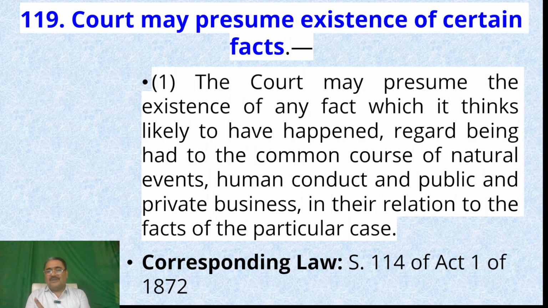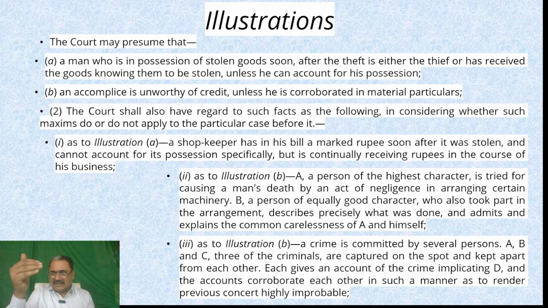Common course of natural events, human conduct, and public and private business in their relation to the facts of the particular case. Very broadly worded. So whatever we presume naturally, whatever we infer naturally, under 119, law permits that we can presume those facts. It has given a long list of illustrations.